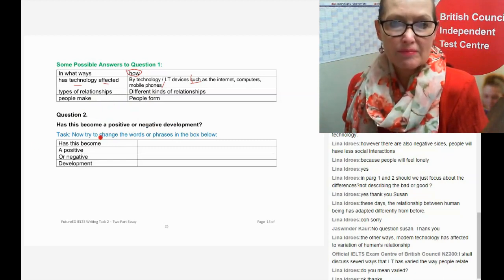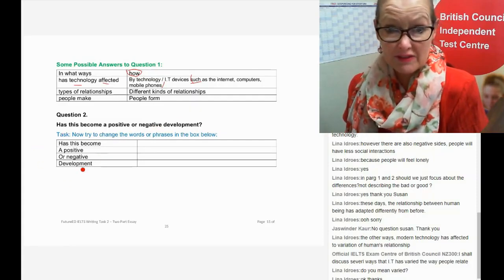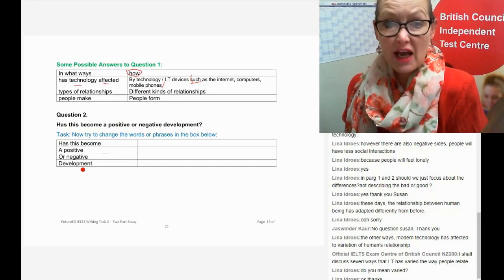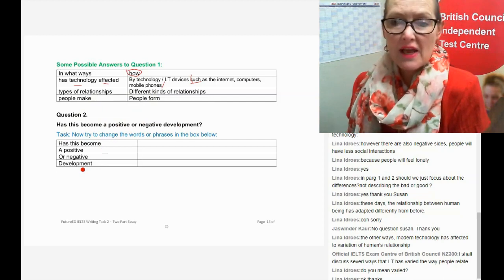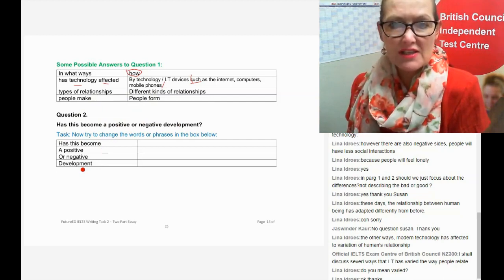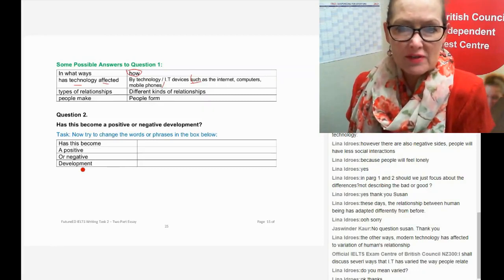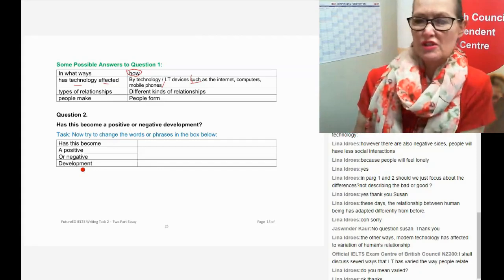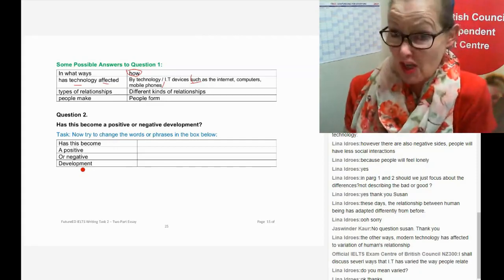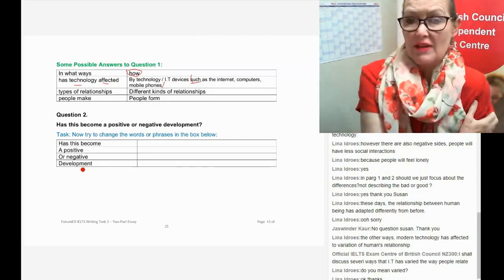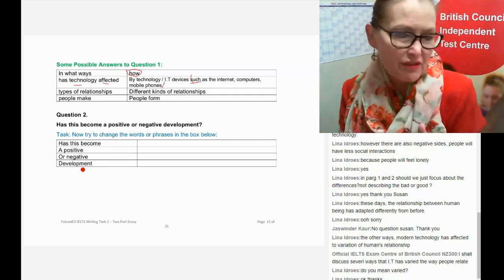So we would say how have relationships been affected by technology, by IT devices? And then I give some examples such as the internet or computers. That is possibly something that you want to use in the introduction. We don't like to give too many examples in the introduction, but it makes it specific, doesn't it?